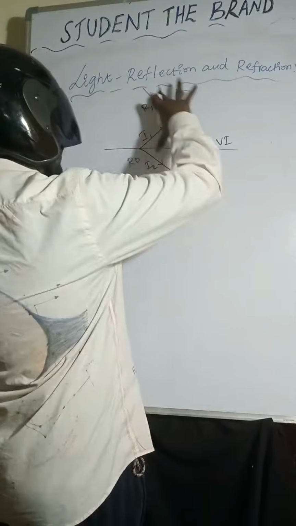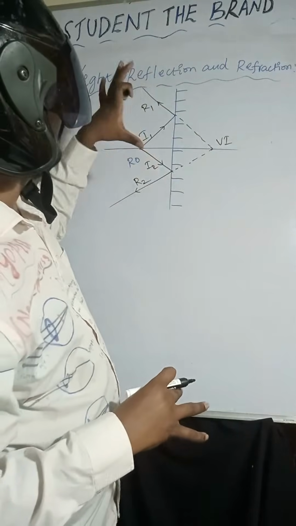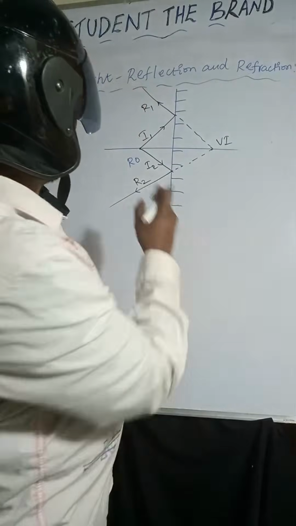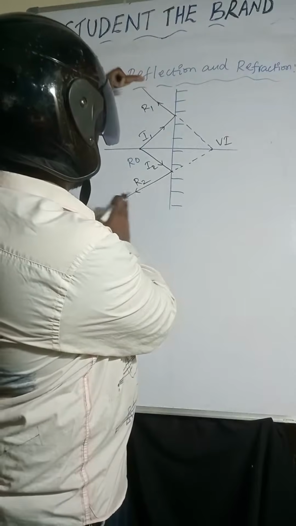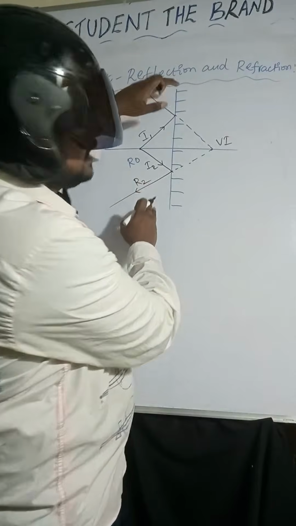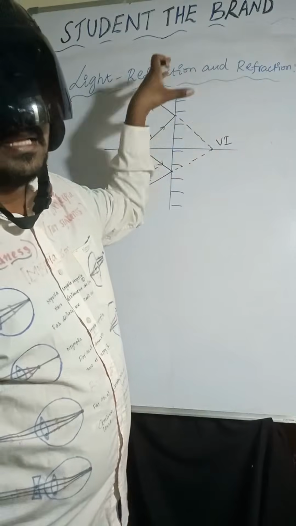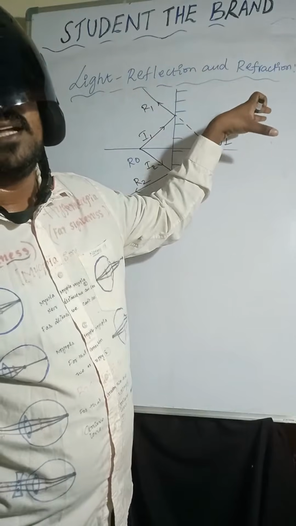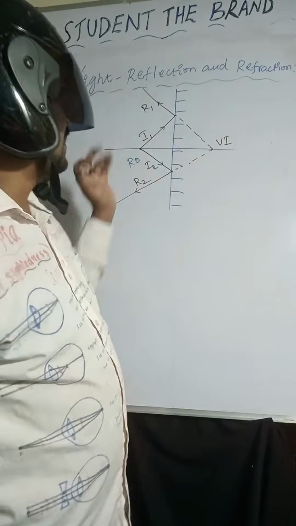We extend these reflected light rays after reflecting. Extended reflected light rays are meeting at one point, so their virtual image is forming. Virtual image and a real object.